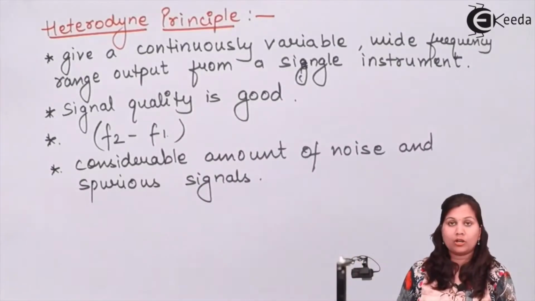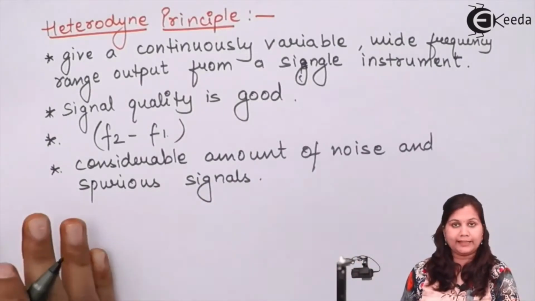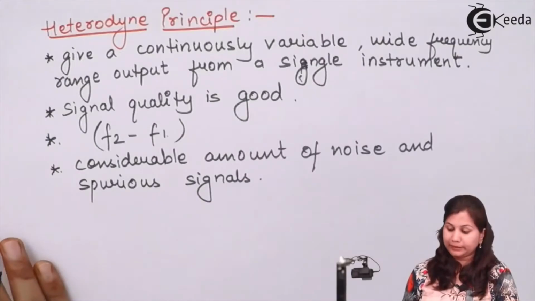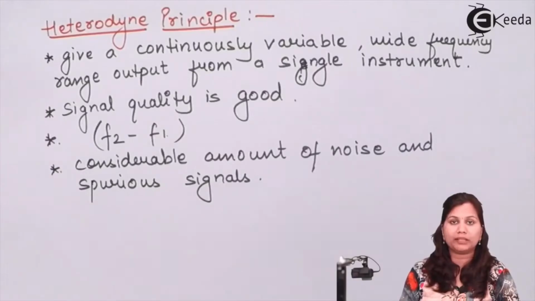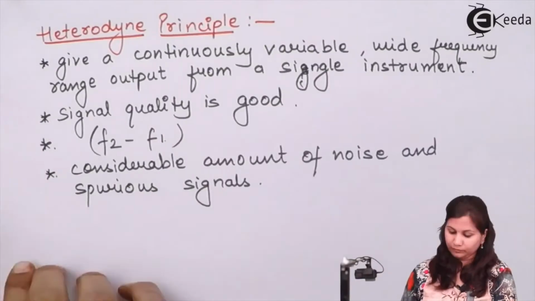Okay, so let's see the block diagram for this heterodyne principle, how we are generating the signal by getting the difference between the frequencies. Just like in the signal generator, the basic element is the oscillator, which is producing the frequency and the amplitude modulation.